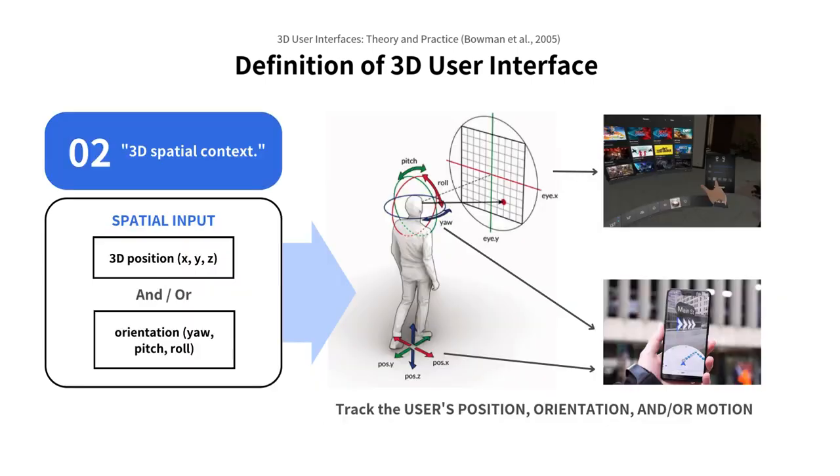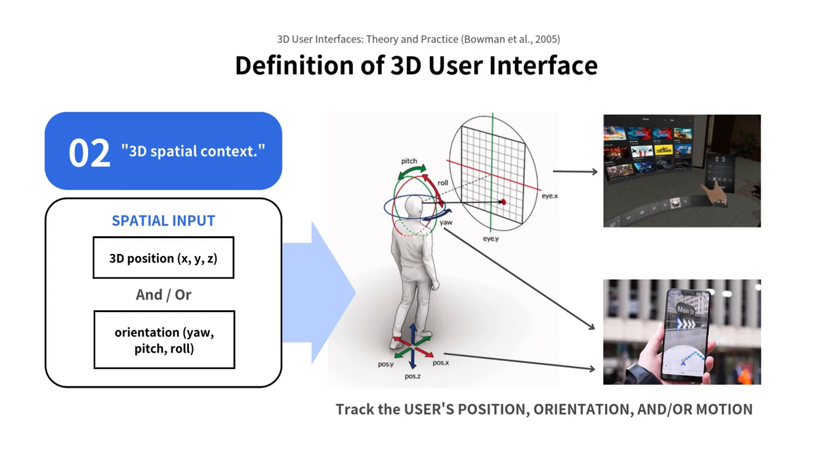The second definition of 3D UI is that it must include 3D position or orientation. Based on these definitions, 3D UI can mix technologies for new experiences.